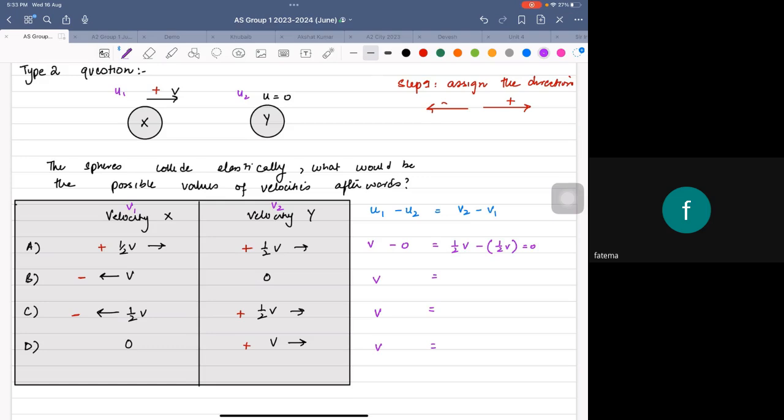That means this is not our answer because it automatically cancels out. Then the next one: v2 is 0, minus v1, which is negative v. So 0 minus negative v will be v, equals v. So this could be the answer.